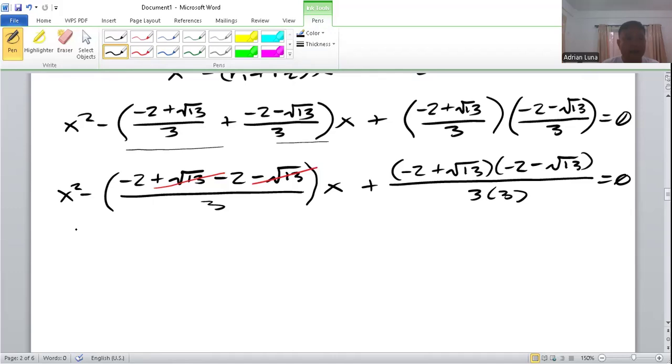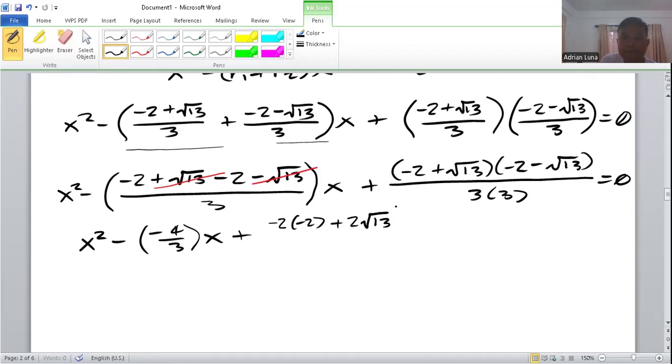So, mangyayari is x squared minus negative 2 minus 2, that will be negative 4 over 3 x plus, FOIL natin to, negative 2 times negative 2, then negative 2 times negative square root of 13. So negative times negative, magiging positive 2 square root of 13.